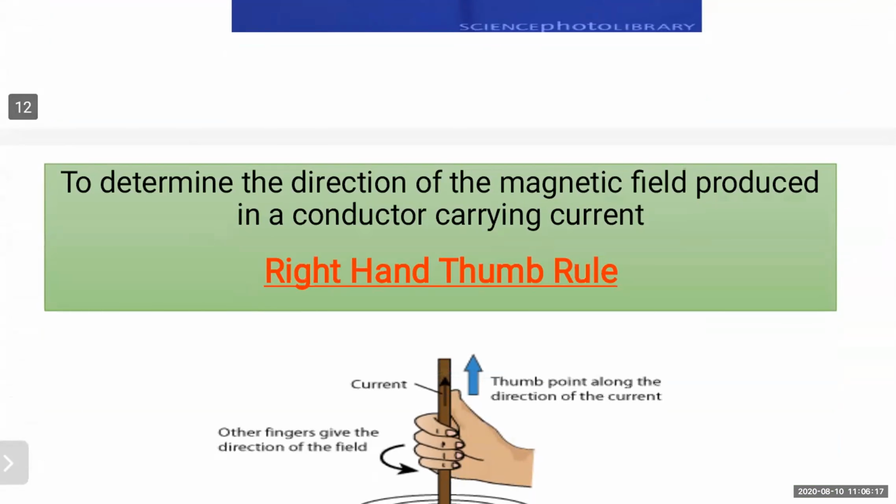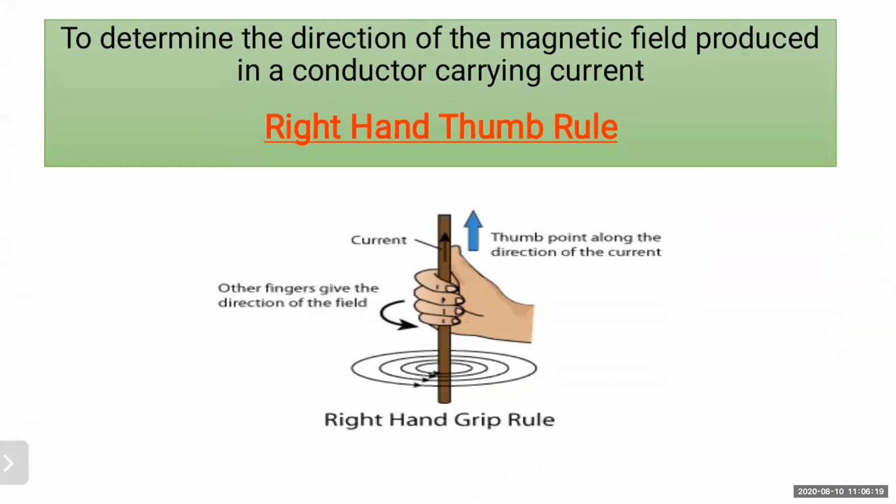The rule that determines the direction of the magnetic field produced in a conductor carrying current is the right hand thumb rule, also called Maxwell's right hand thumb rule.